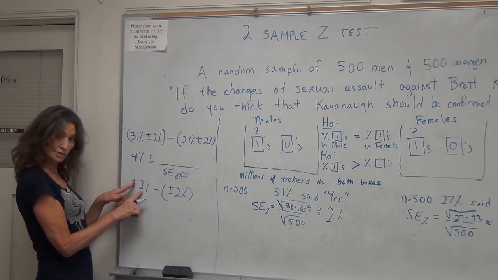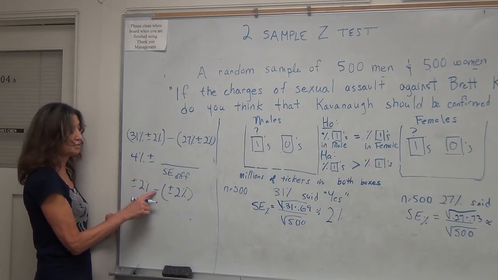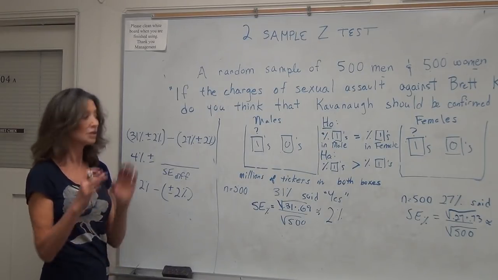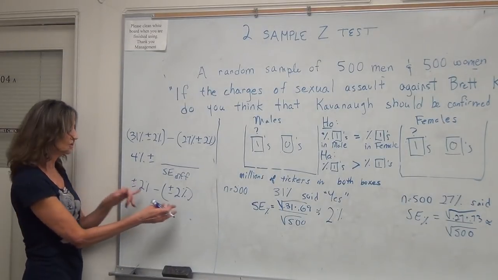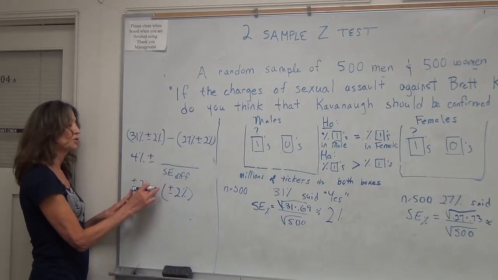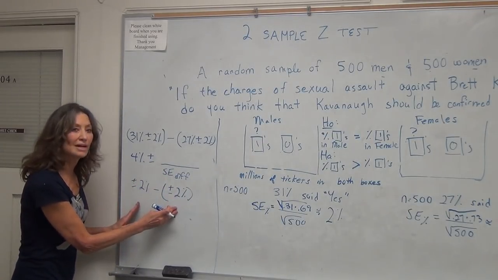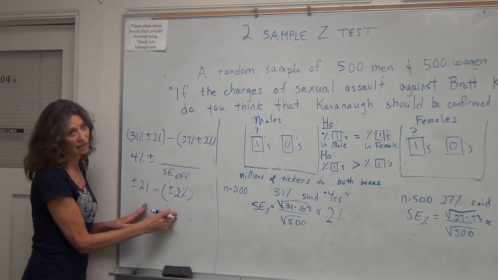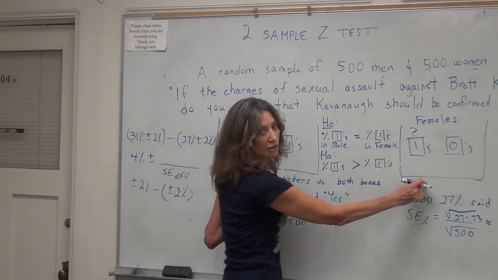If this is positive 2 and this is negative 2, then you get positive 2 minus a negative 2, 4%, which is what you think might be logical, 4%. But that's the very largest it can be when they're opposite signs. When this one would be negative and that's positive, you get negative 2 minus 2, 4%. But that is only going to happen by chance. If they're independent, they're not linked. The errors here aren't linked.